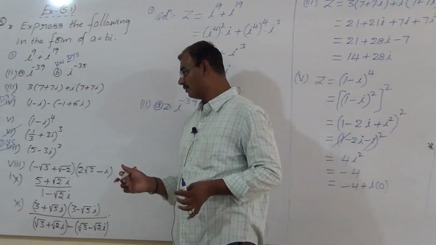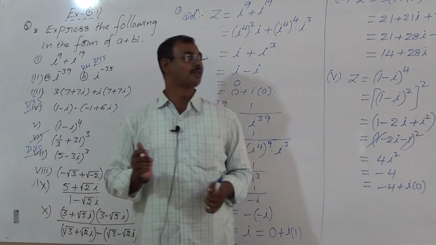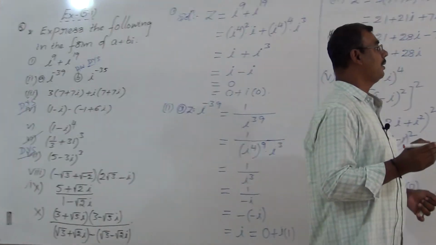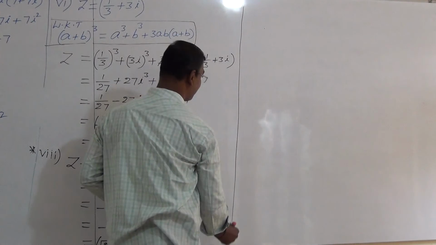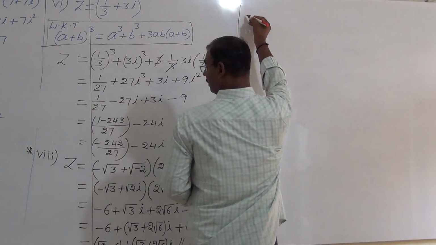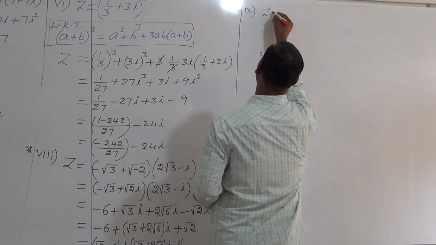Next question, 9th problem. How to convert in the form of a plus iota b? Last class it was also explained. Let us take z.